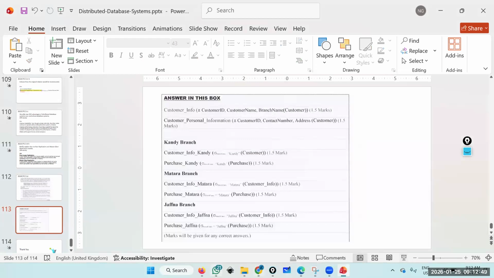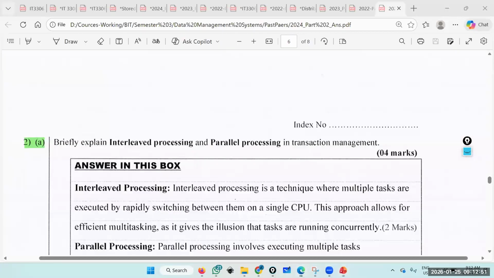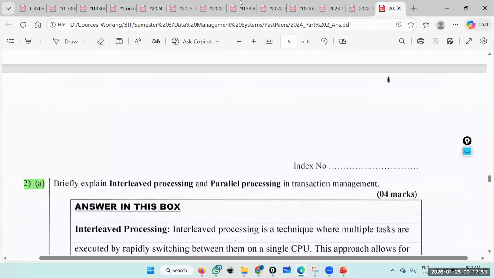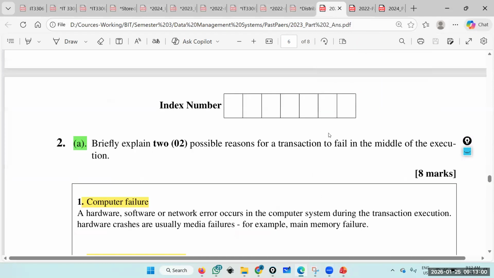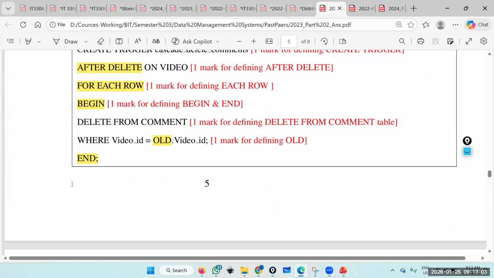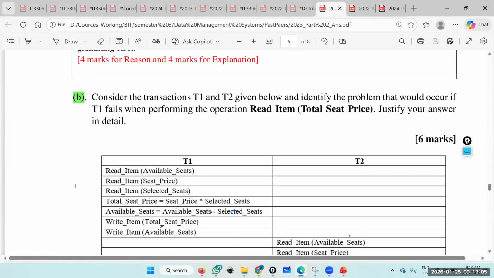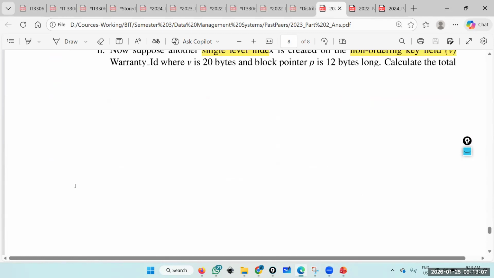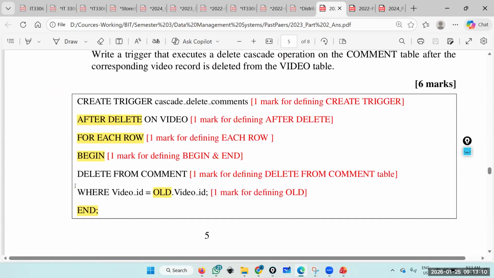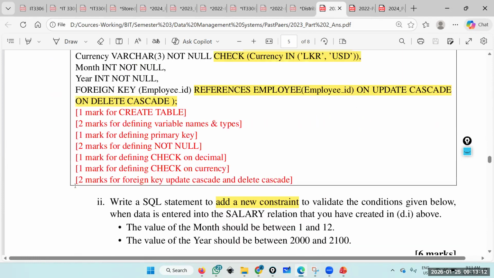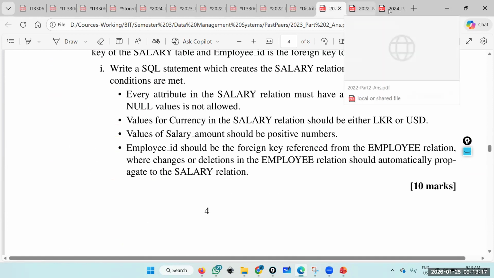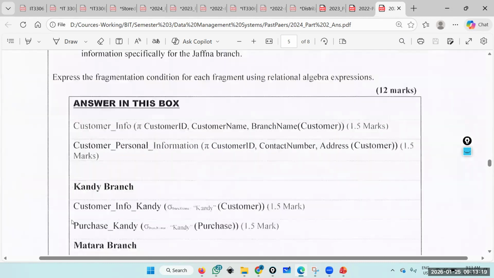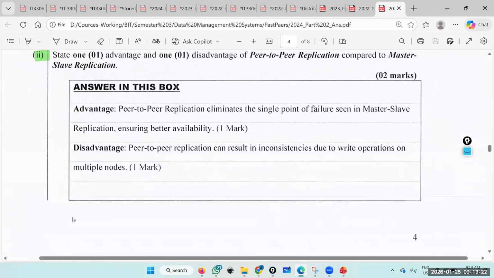So now we have discussed the 2023 question fully. I mean the distributed databases. Yeah, 2024, any other thing related to distributed databases?